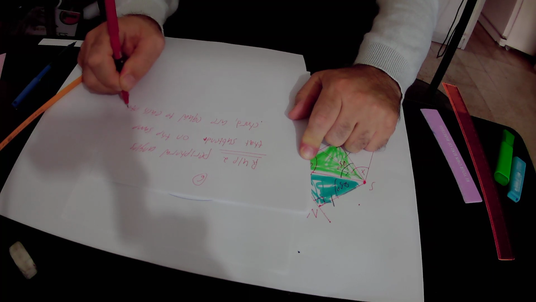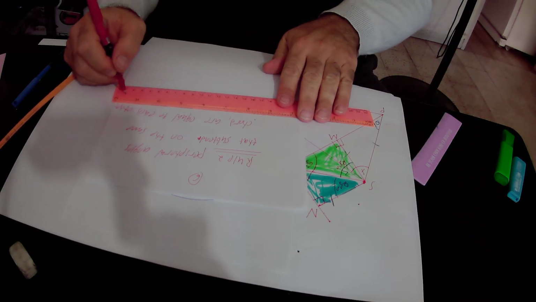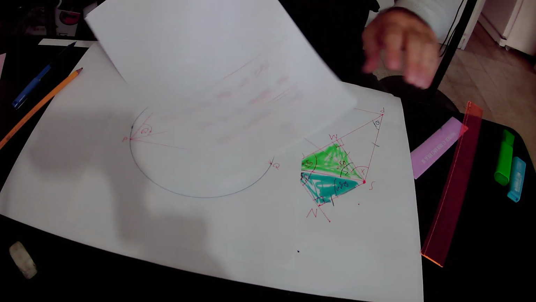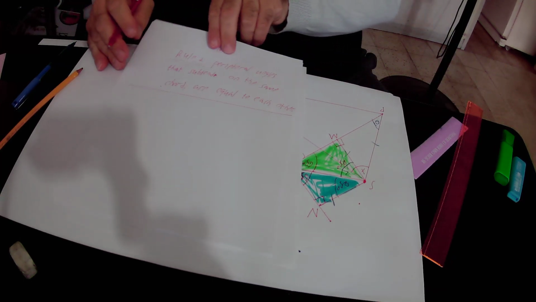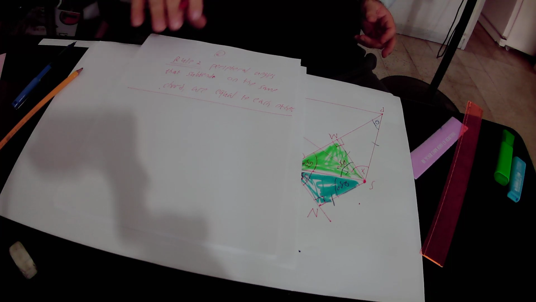So I will read rule number 2 again. Rule number 2 states that peripheral angles that subtend on the same chord are equal to each other.